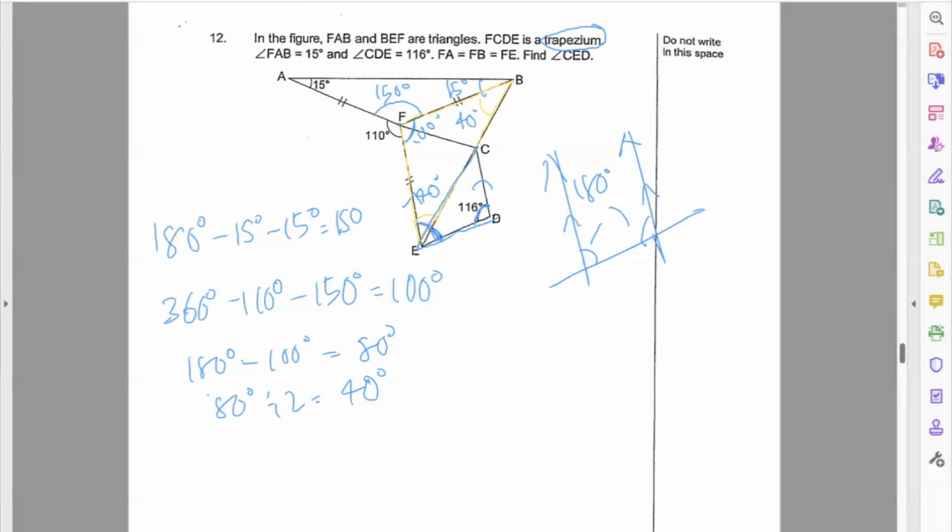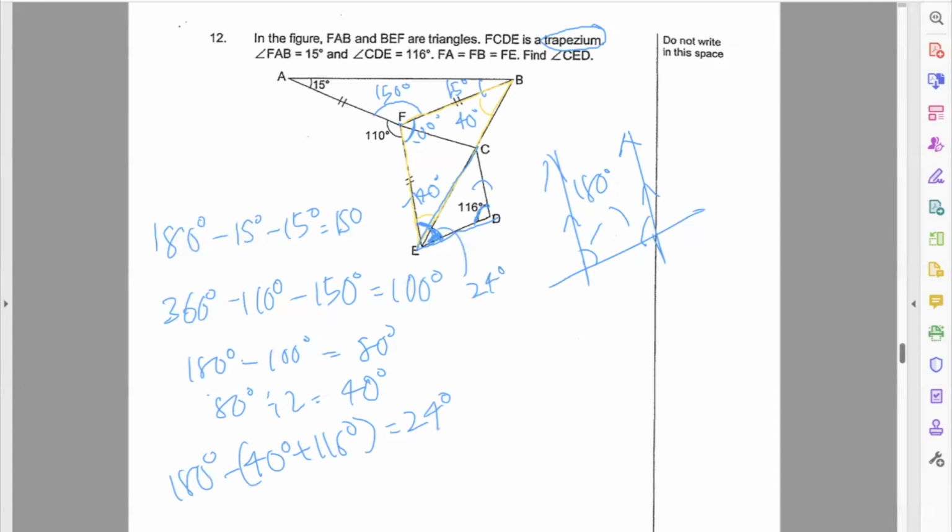Now we already know this is 40. So 40 plus this angle plus 116 will give you 180 degrees. So 40 plus 116, if I use 180 degrees minus that, I will have 24 degrees, which is this angle.